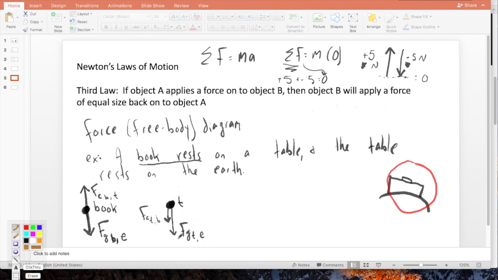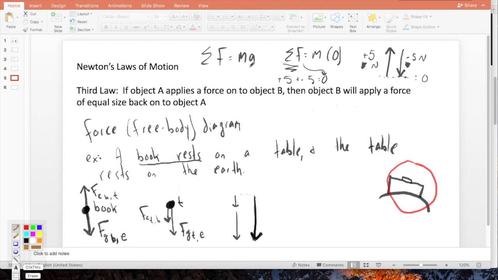So is this table accelerating downward? If I were to leave it like this, I would say, oh look, there's a net force down. A small downward arrow, a bigger downward arrow. That results in an overall downward arrow. If I were to add up those arrows, they would both agree and point down. So I would have a net force down, meaning I would have an acceleration down.